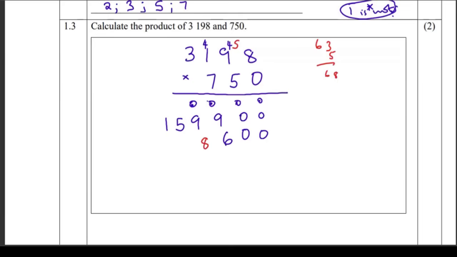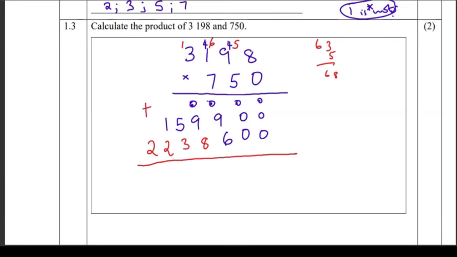I write the 8, carry the 6. 7 times 1 is 7, plus 6 is 13. 3, we carry 1. And then 7 times 3 is 21, plus 1 is 22. So 2 with a 2, just in that particular order. The moment you mess up with the positions, then chances are high you're going to get this wrong.